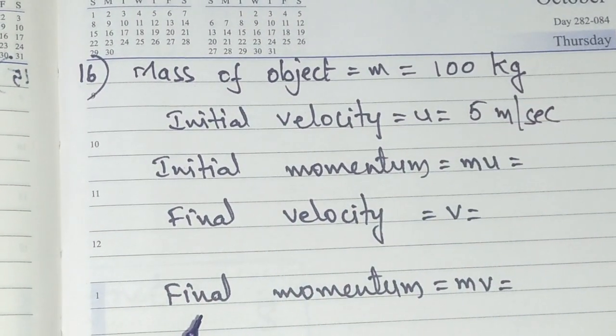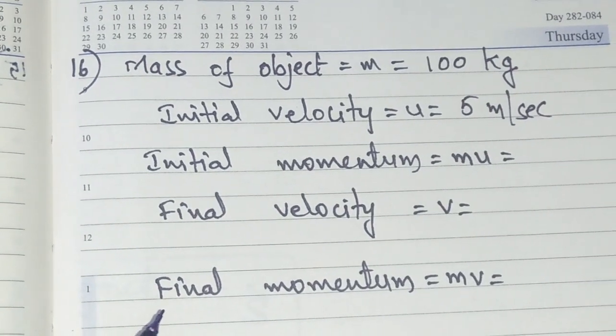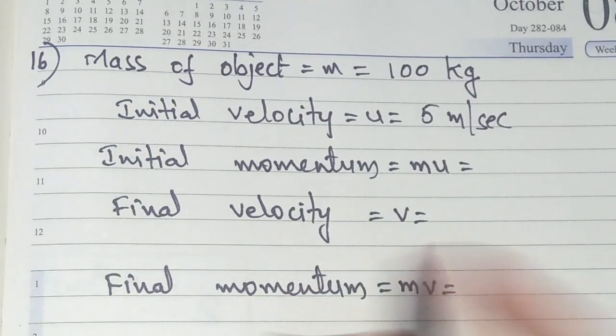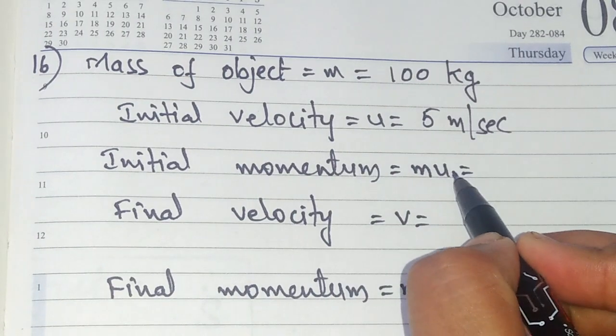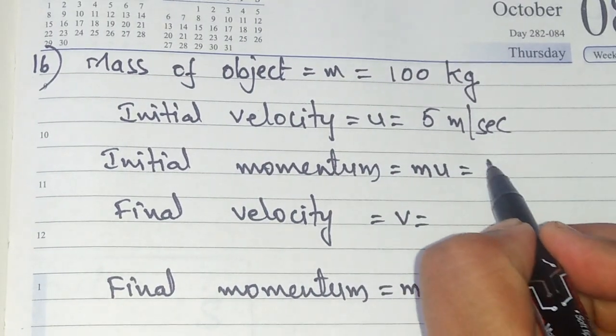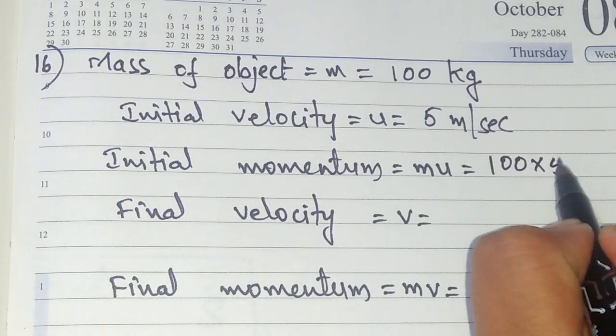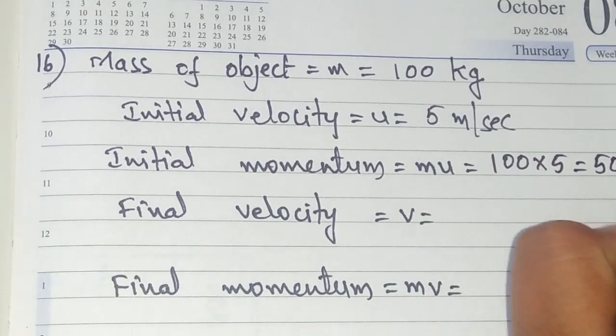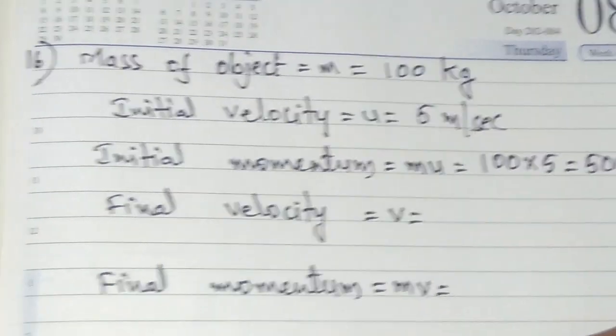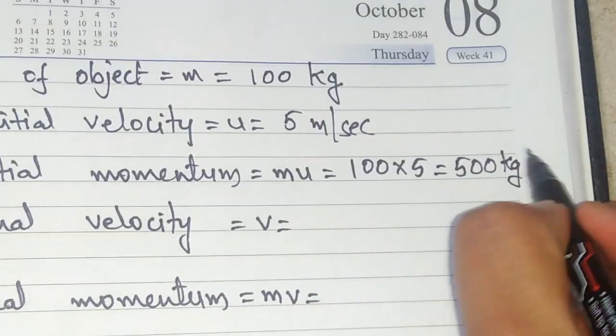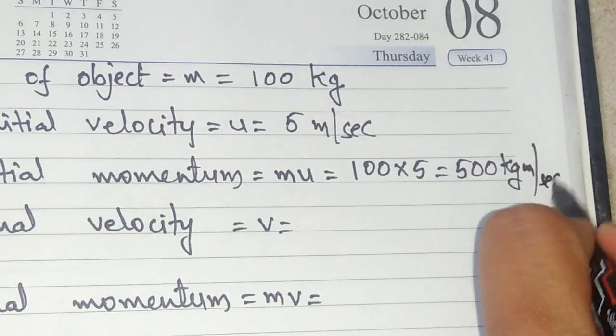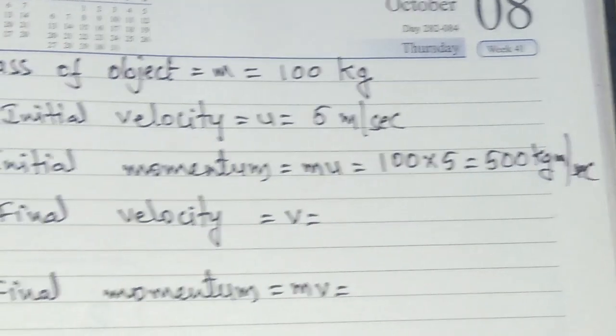So, here directly I will find out the initial momentum also. What is that? m into u, mass into initial velocity, 100 into 5. What is the value here? 500 kilogram meter per second.